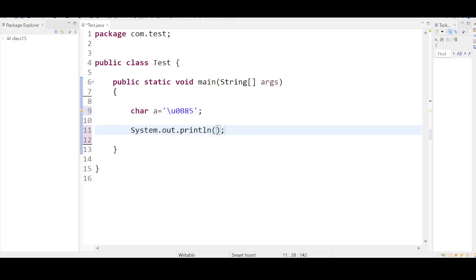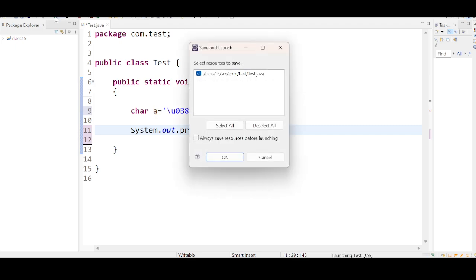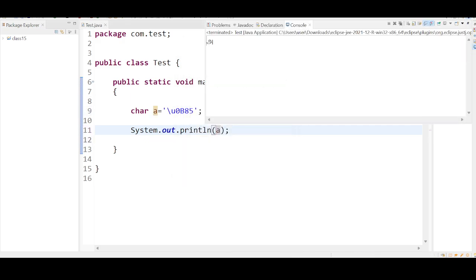System.out.println, let me print this here. Okay, you are getting a Tamil letter. This is representing A in Tamil, the first letter. The first letter in Tamil is A.